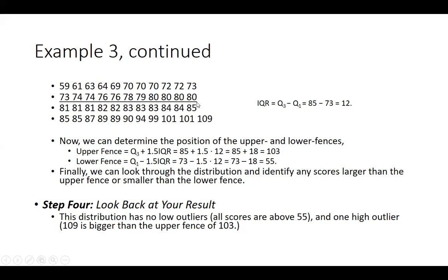So now we're going to look at the distribution and identify any scores larger than 103 and lower than 55. We don't have any below 55, so there's no low outliers. And we have one score above 103, so 109 is the only high outlier.